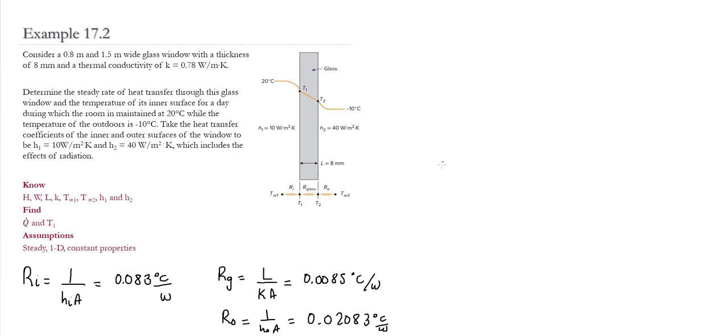So what we're looking for is the amount of heat transfer throughout the whole system. The temperatures that we know at this moment are the temperatures from the inside and outside, the T infinities. So we could say that the rate of heat loss is equal to the delta T divided by the resistance that joins these two points.